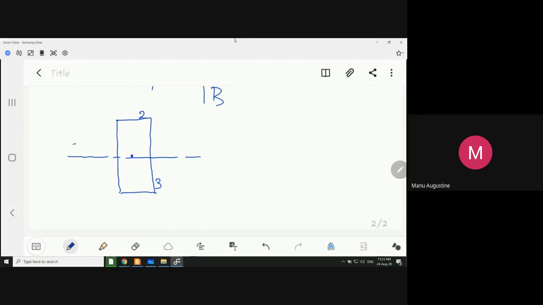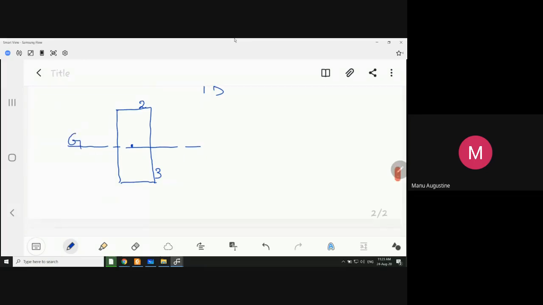I will name it as G, simple G. And I want you to find out the moment of inertia of the rectangle about an axis AB, which is passing through the bottom side of the rectangle and which is also parallel to the previous axis G. So this is a case of parallel axis theorem.